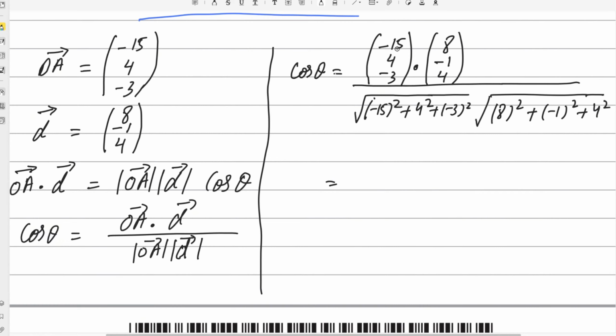Solving the numerator, here -15 multiplied by 8 gives you the answer -120. Then 4 multiplied by -1 gives you -4. -3 multiplied by 4 is -12. Divided by solving these two square roots.